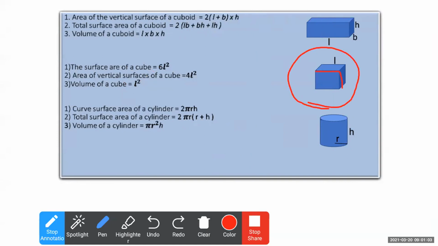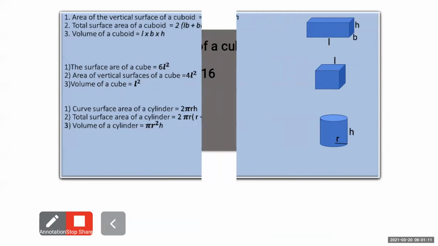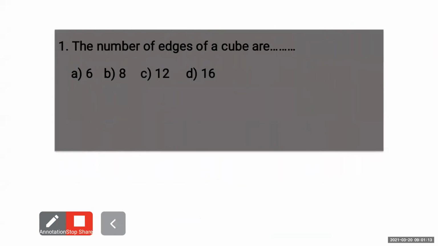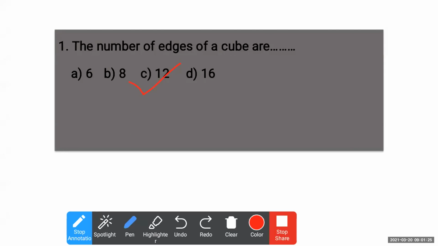These are the edges. So in a cube, how many edges are there? 12. But when I say the faces, the number of faces of a cube, then it will be 6. But if the question here is the number of edges of the cube, then the answer will be 12. So don't get confused between the edges and the faces of a cube.